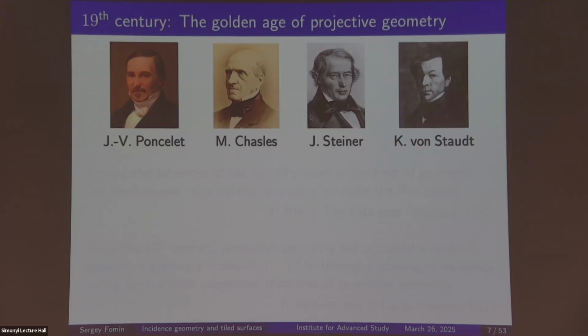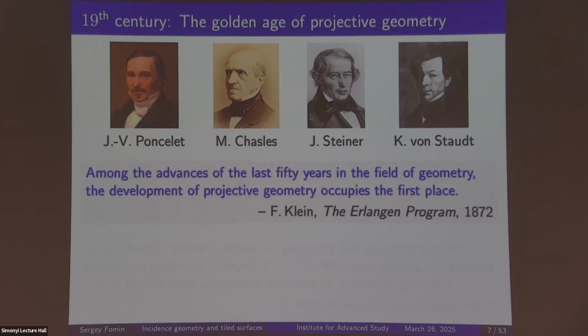And this was summarized in the very first sentence of Erlangen's program by Felix Klein, who asserted very boldly that the development of projective geometry is the most important achievement of the last 50 years in the field of geometry.